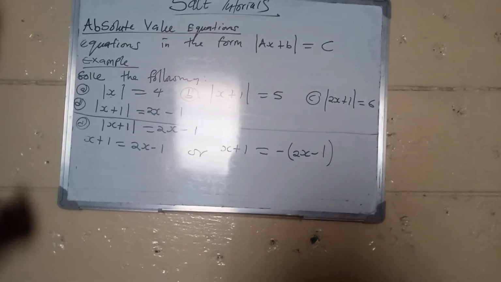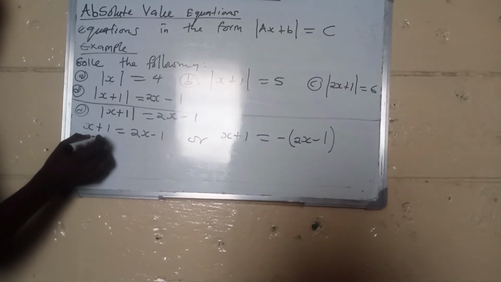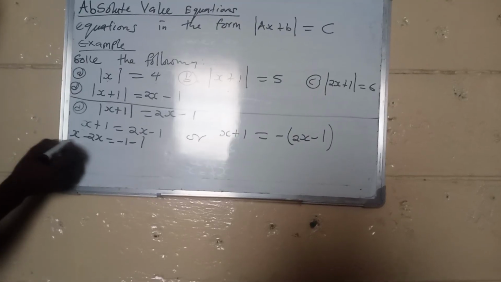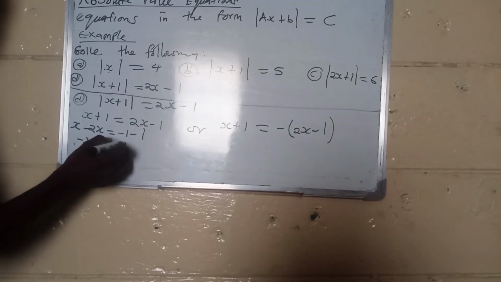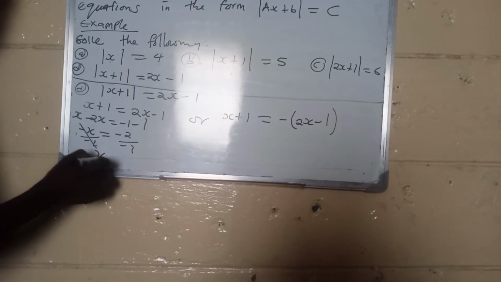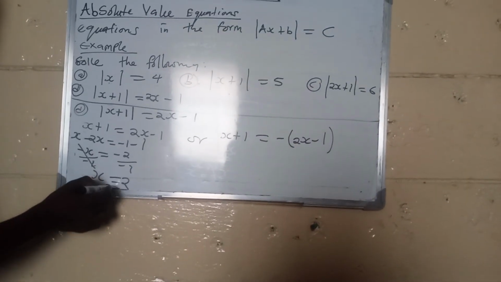Then we're solving this one in terms of like terms, where x minus 2x can be equal to negative 1 minus 1, where I can have negative x equal to negative 2, over negative 1 over negative 1, and the value of x can be 2 as my first value of x.